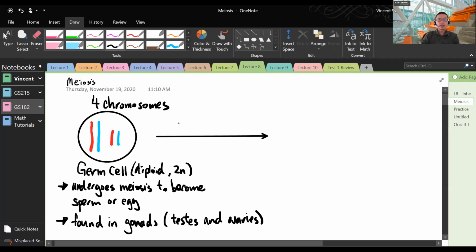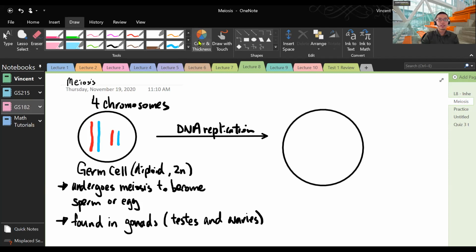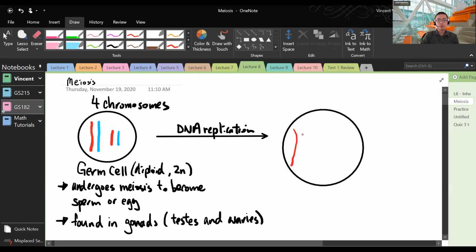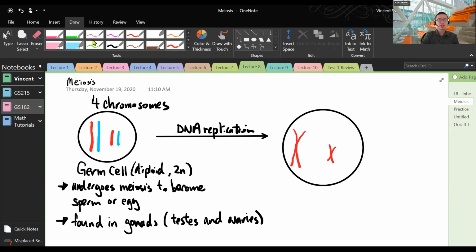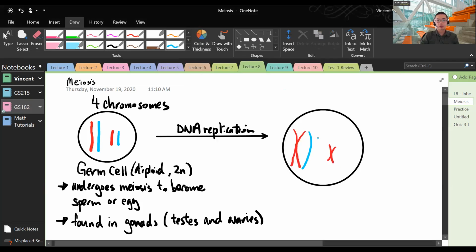Just like mitosis, we begin with DNA replication. After DNA replication, we'll have the chromosomes like this: 2 chromosome 1 from mom stuck together, 2 chromosome 2 from mom stuck together, and the same thing for the paternal chromosomes.